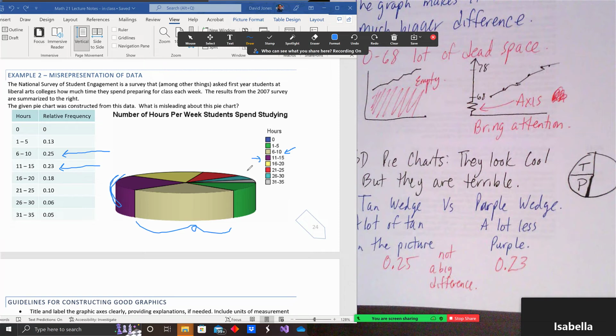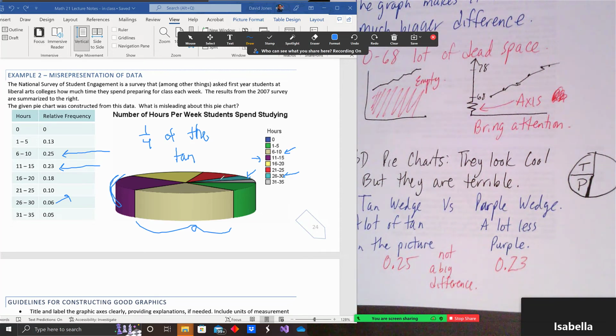This little light blue wedge right here, 26 to 30, is 0.06, which is about 1/4 of the tan in value.